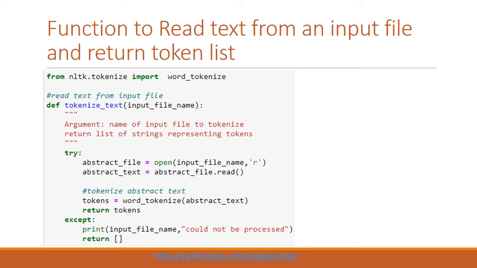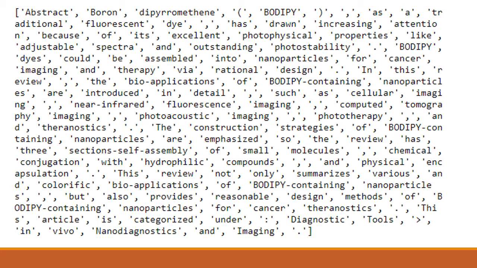We have our try except block to guard against any errors, and if we encounter an error, we're going to return the empty list. Just for testing purposes, I printed out a list of tokens that was returned from calling our tokenized text method. And here's an example.